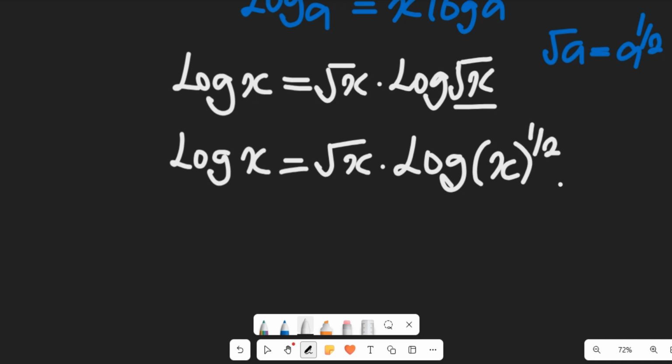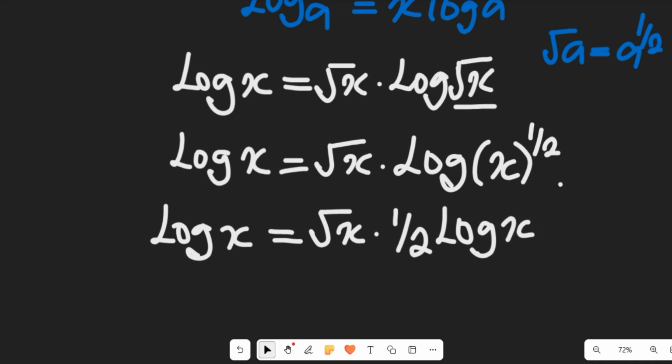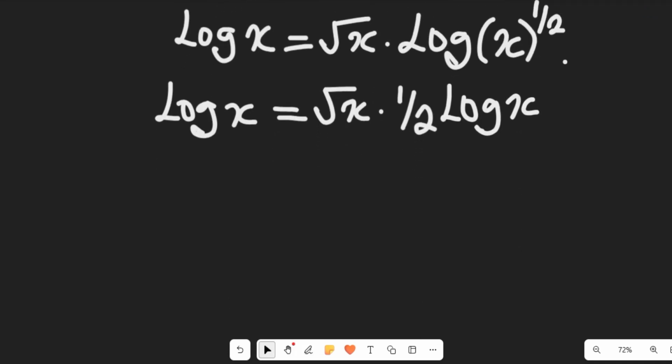Great. Now in the next stage, I'm going to simplify. And if I simplify, I'm going to have the log of x equal to the square root of x. Using the law of logarithm, this will be multiplied by half log of what? Log of x. Now, can you see what I'm saying? I'm having the log of x and log of x on both sides.